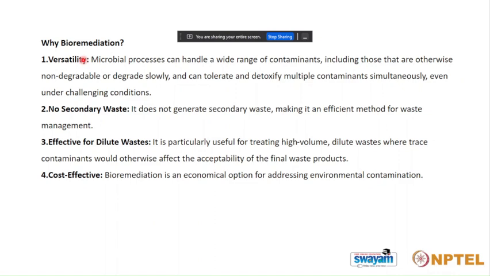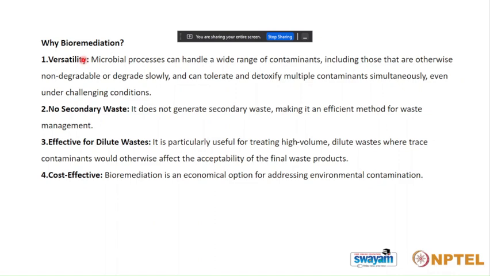If we go for other treatment processes for dilute wastes, the efficiency will be comparatively lesser than the bioremediation process, due to mass transfer limitations and the energy requirements. These dilute wastes are hard to treat with other treatment technologies, so that is an advantage of the bioremediation process.